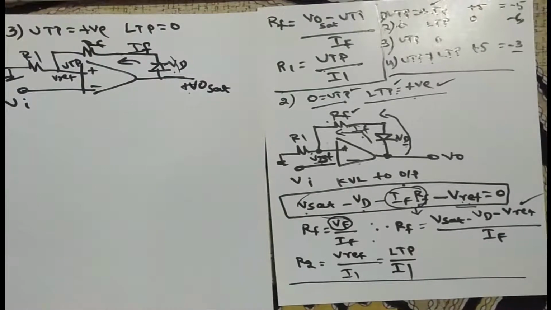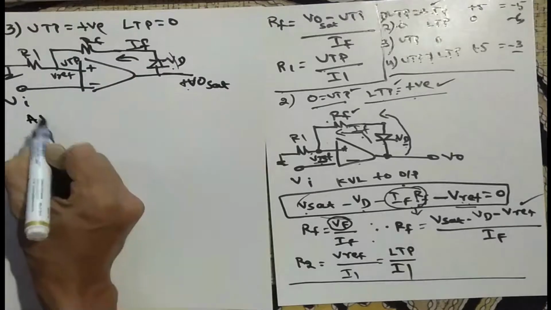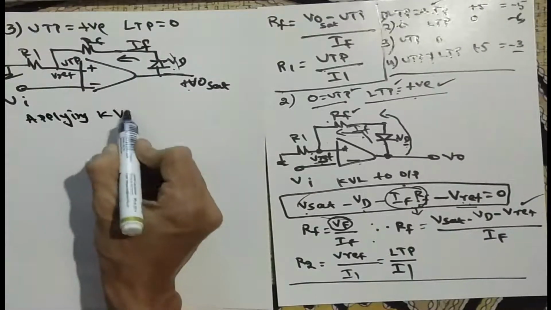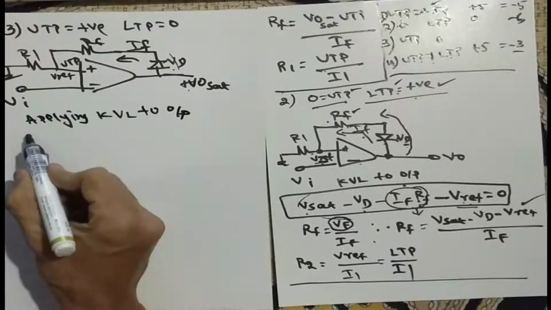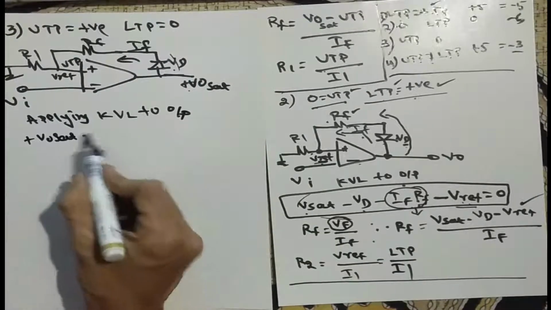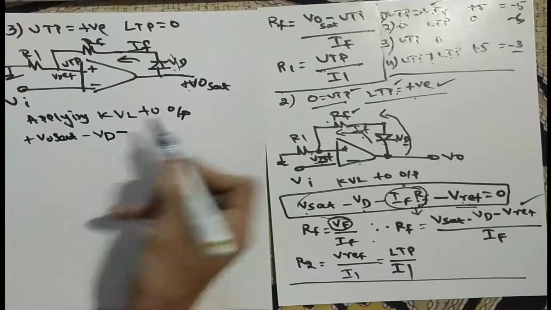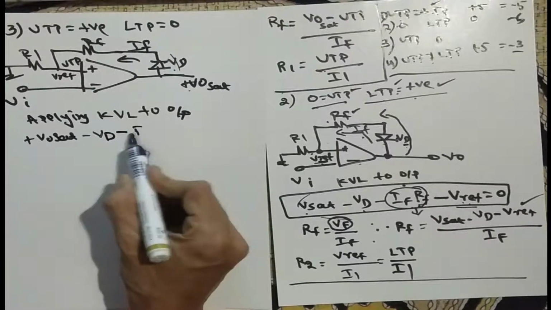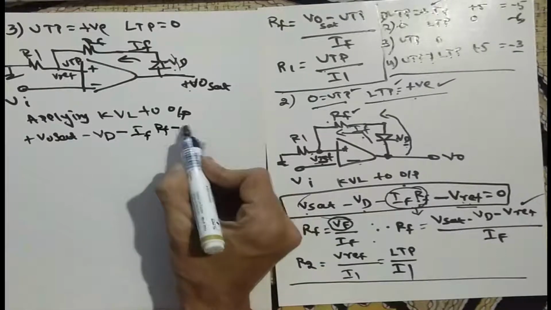So now you can do the same calculation we have done previously. Apply KVL and you will get the different value. Applying KVL to the output, we can take V0 saturation, plus V0 saturation, minus VD, minus IF RF, minus V reference.